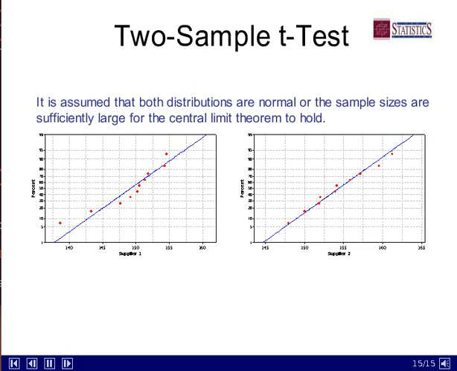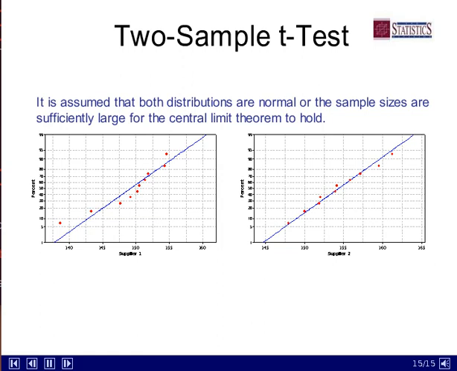Finally, our last thing is we did assume that the data was either normally distributed, or that we took a large enough sample size so that the central limit theorem would kick in, and that would guarantee that the sample means would follow a normal distribution.